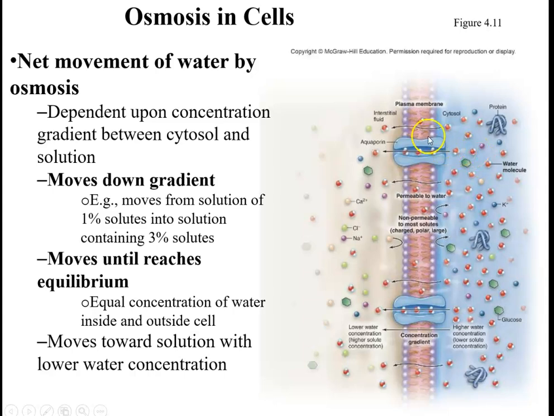It's going to move through aquaporins, which are those special proteins embedded in the plasma membrane. And it can also slip through the phospholipids in the lipid bilayer. And it's going to do this until it reaches about an equal concentration on both sides of the membrane.